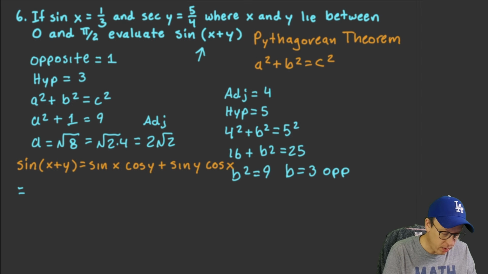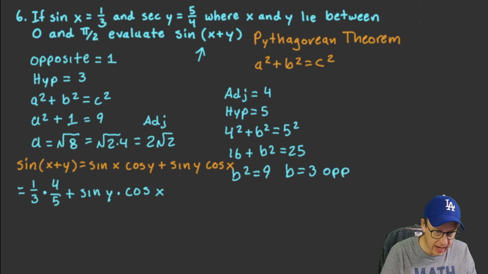This is going to be equal to 1/3 times 4 over 5 plus the sine of y times the cosine of x, which is going to be equal to 4 over 15 plus 3 over 5 times 2 square root of 2 over 3.